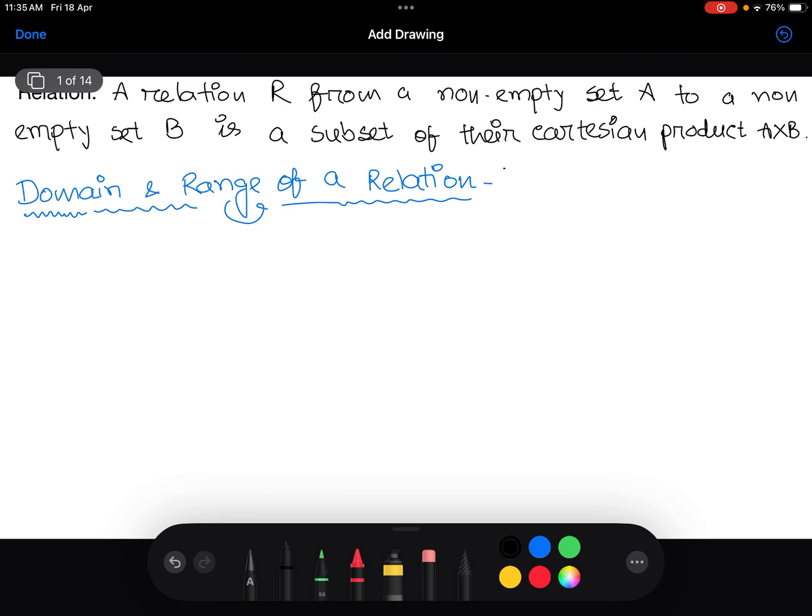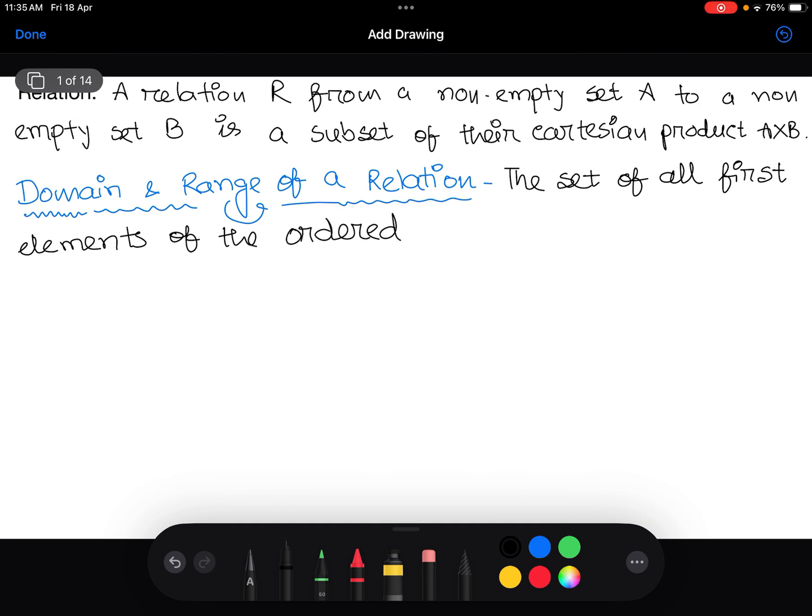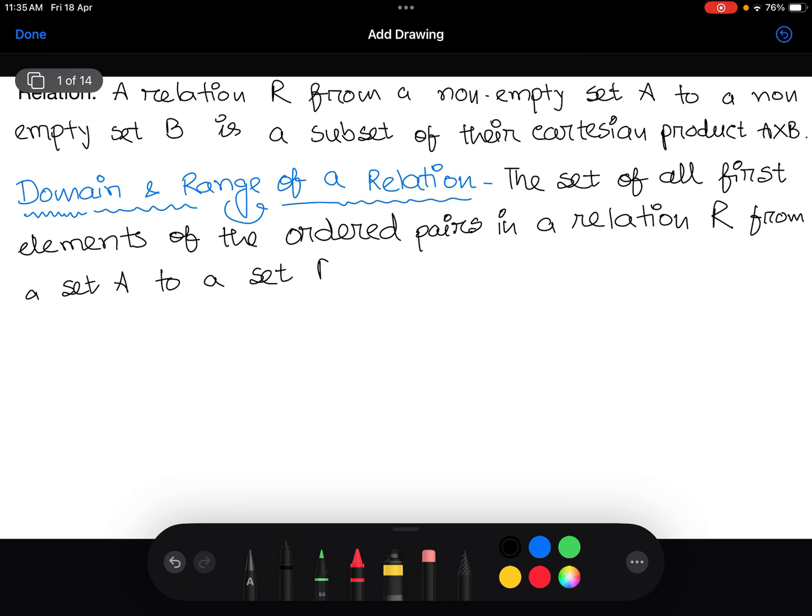The set of all first elements of the ordered pairs in a relation R from a set A to a set B is called the domain of R.